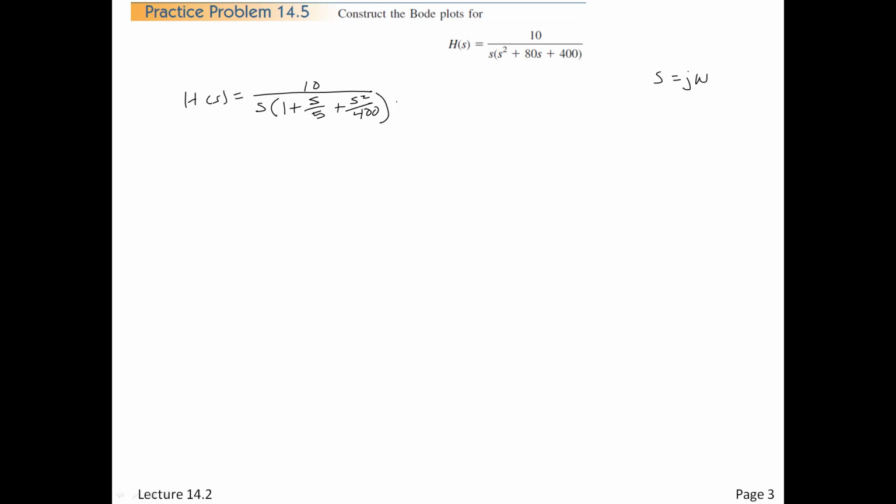Right? Times 400. So I just pulled that out of that side. And that is equal to 10 over 400, which is 1/400th, over, there's our pole at the origin, and 1 plus S over 5 plus an S squared over 400. Okay.